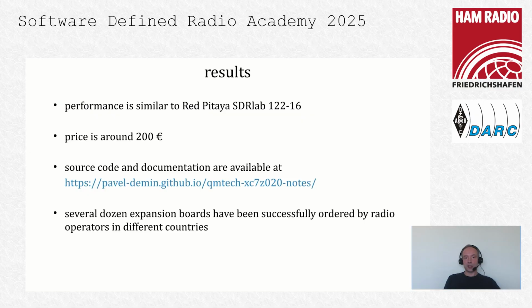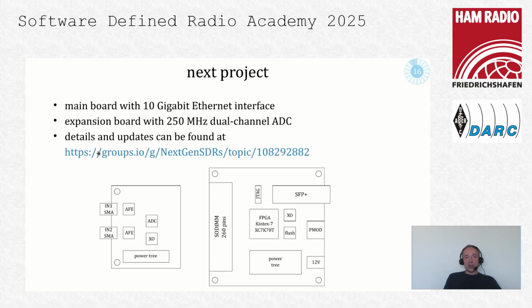And already several dozen expansion boards like this have been successfully ordered by radio operators in different countries. So I consider this project quite successful. And based on the success of this, my first hardware project for SDR applications, I started to think about the next project.